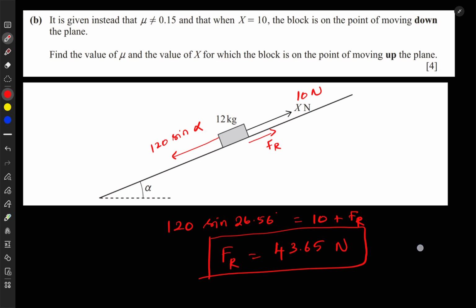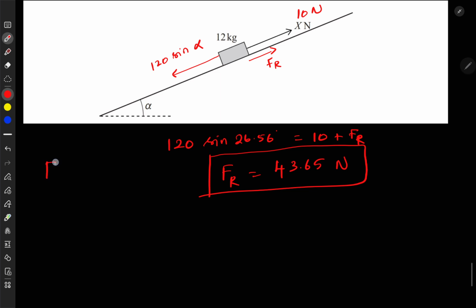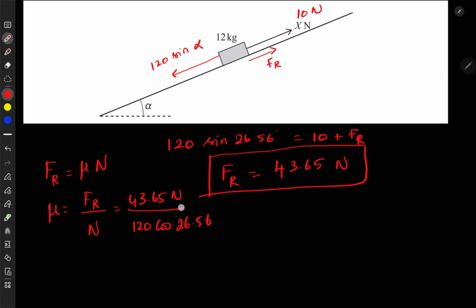Before that, we can find the mu value, because frictional force Fr equals mu times N. So mu equals Fr divided by N. Fr is 43.65, N is 120 cos alpha, where alpha is 26.56. If I calculate it, I'm getting 0.40. That is the mu value.